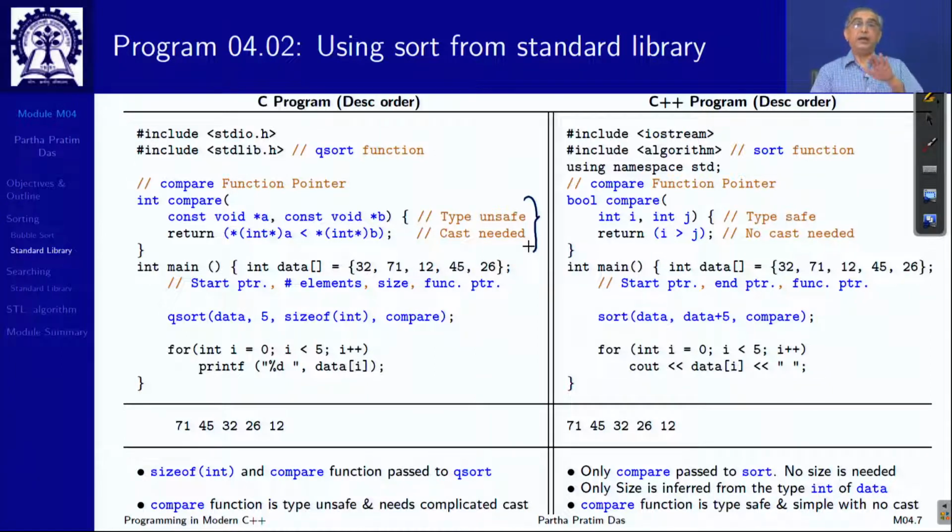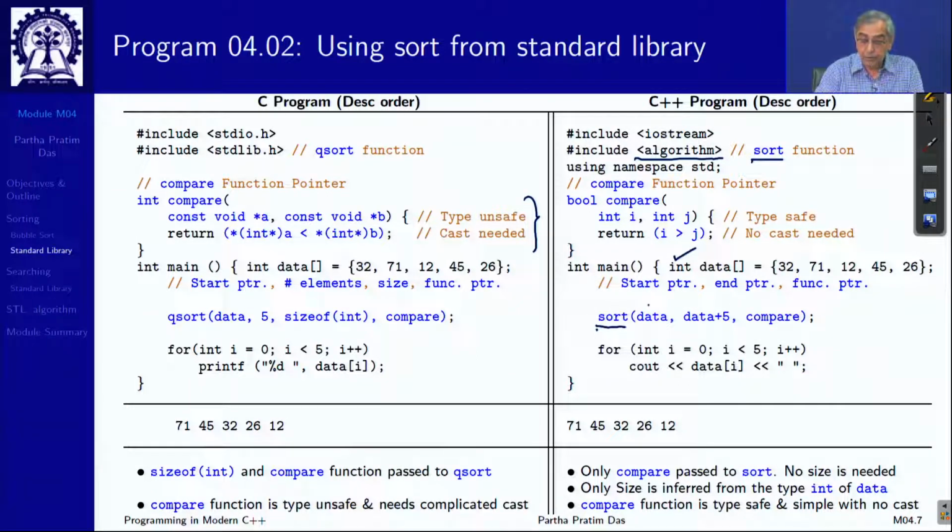C++ standard library also provides a sorting function. It is called sort, and it is provided in the standard library component called algorithm. Algorithm is a component of C++ standard library which gives you a number of algorithms. So, when you call sort, again we have the same data array for the elements which we want to sort.